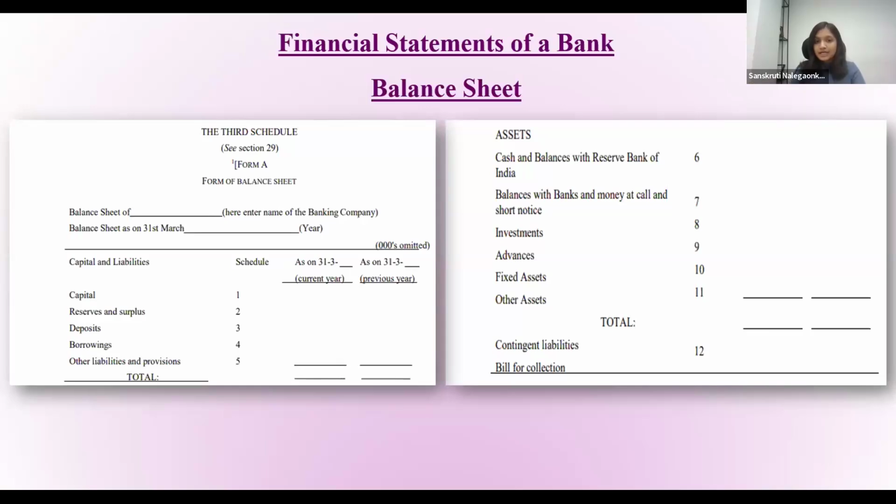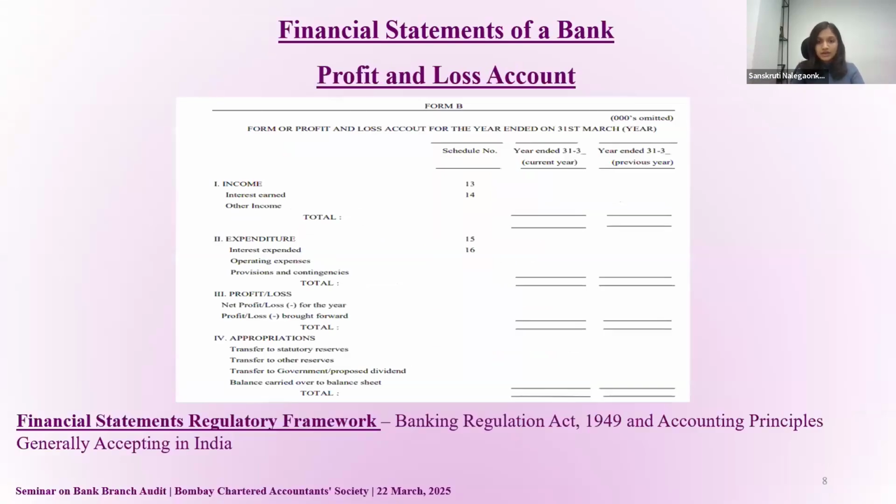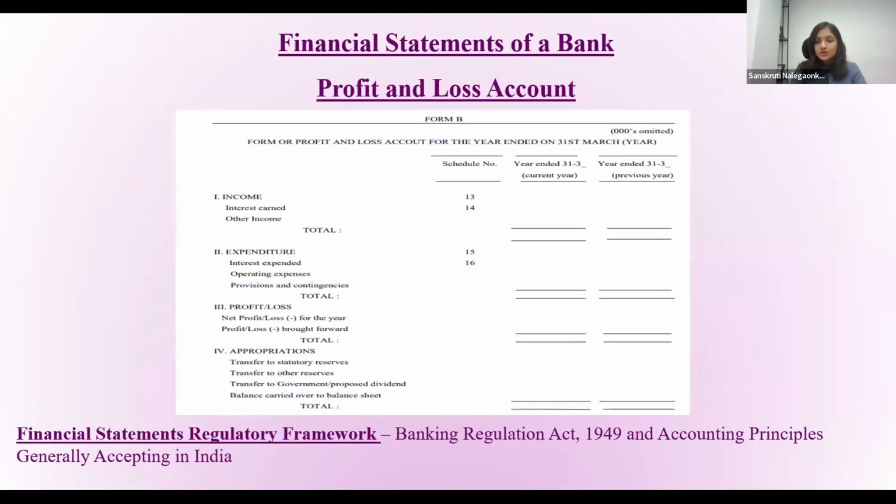So now let's look at the profit and loss account of a bank. Here is the format of profit and loss account. This shows a bank how it earns, spends, and distributes its profits. It includes interest earned and forex.